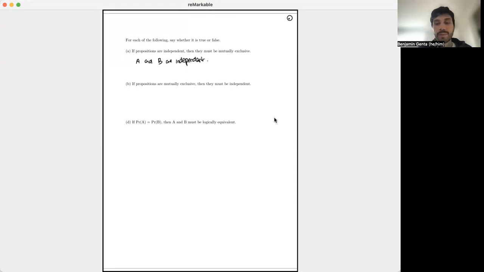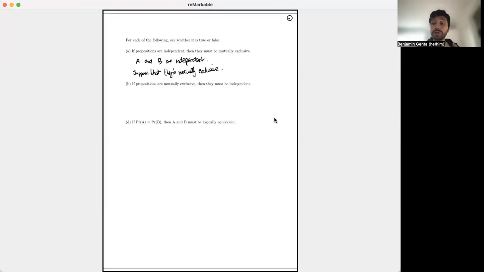Now, are they mutually exclusive? Well, no, they cannot be mutually exclusive. Because if we suppose that they're mutually exclusive, then that means that they never occur at the same time, right?